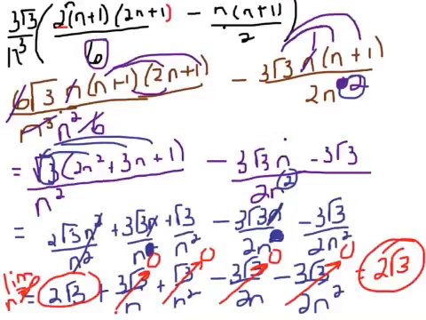But a lot of times what's going to happen is, as long as you've got a variable on the bottom, the whole term's going to go to 0 anyway. So sometimes when you make small algebra mistakes, or you forget to write something down, it actually works out, because a lot of the times the terms are going to go to 0. I hope this is right. Anyway, the end result is 2 square roots of 3, and I know that's correct.